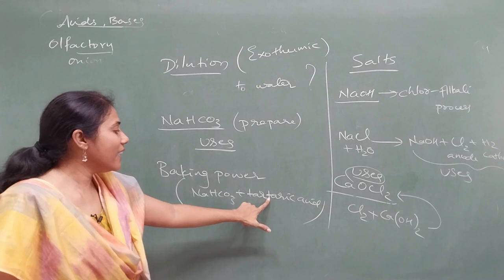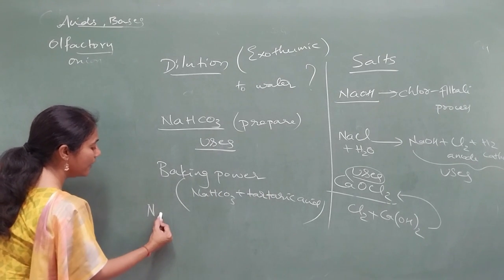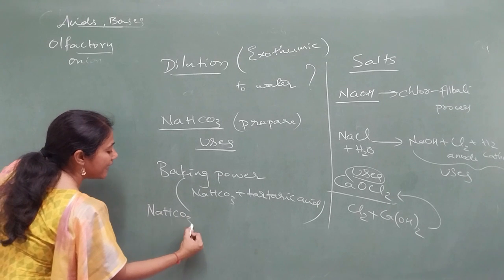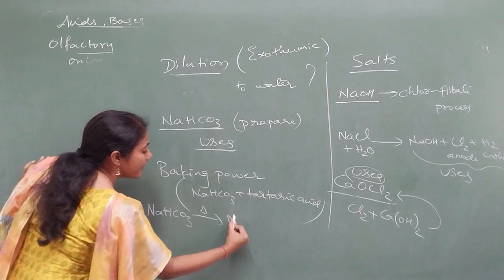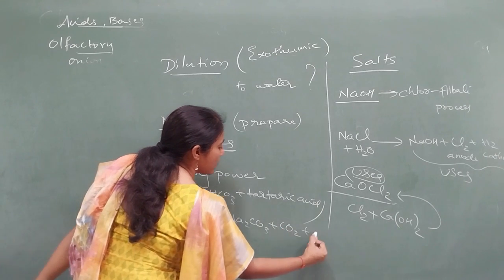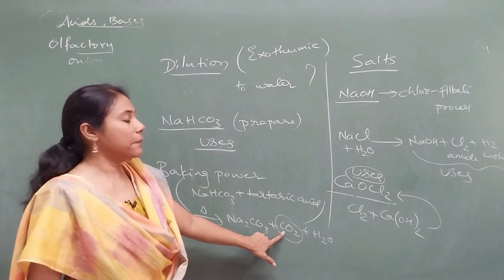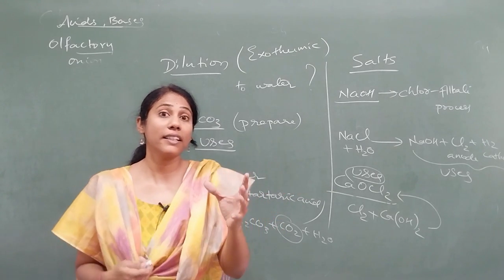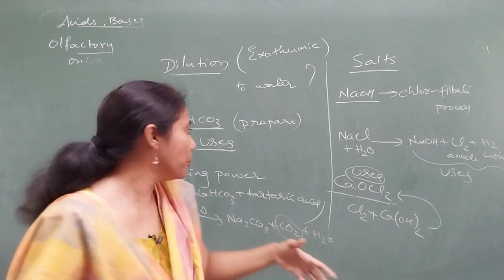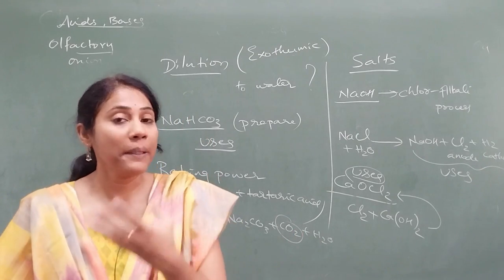Okay, so why is tartaric acid there? See, when NaHCO3 is heated, you will get Na2CO3 plus carbon dioxide plus water. Because of the liberation of carbon dioxide, the cakes or bread, whatever you prepare by adding baking powder, appear soft and fluffy.